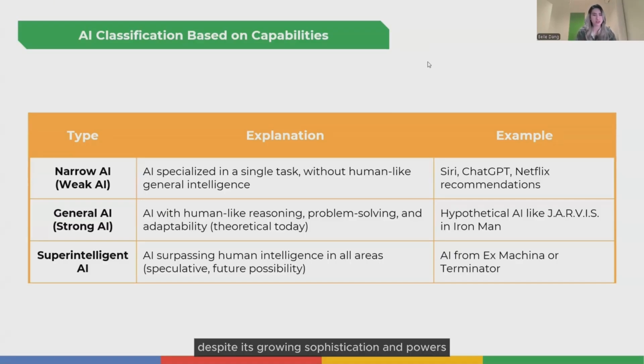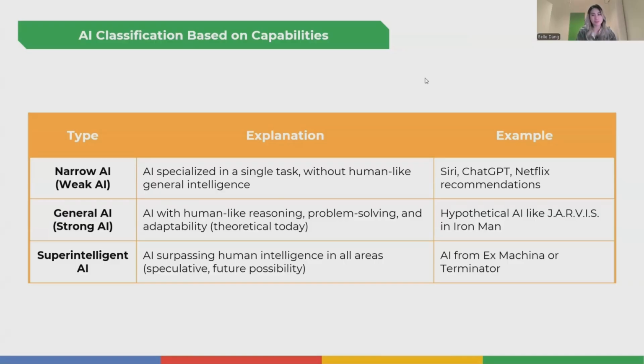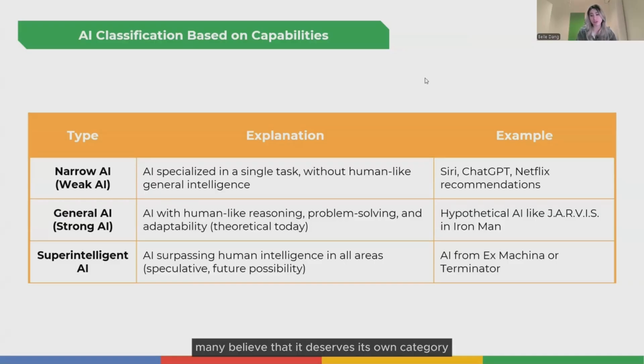Despite its growing sophistication and power, it is designed to produce specific output, such as text, images, or audio, rather than demonstrate general intelligence across multiple domains. However, because it exhibits creative capabilities and people are using it for different unintended purposes, like original design, many believe that it deserves its own category within the overall AI landscape. Well, that is still the debate.